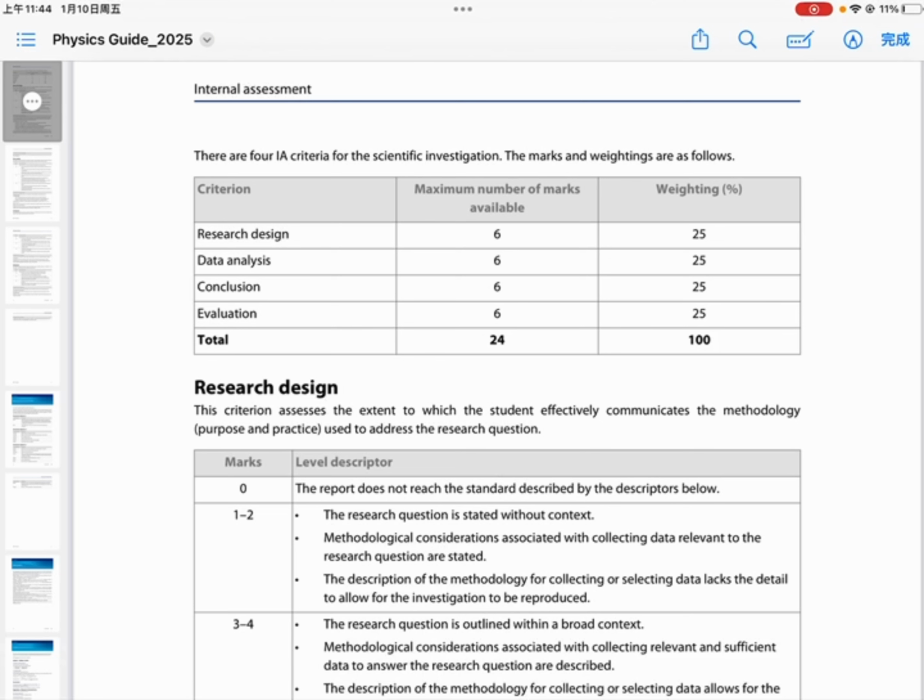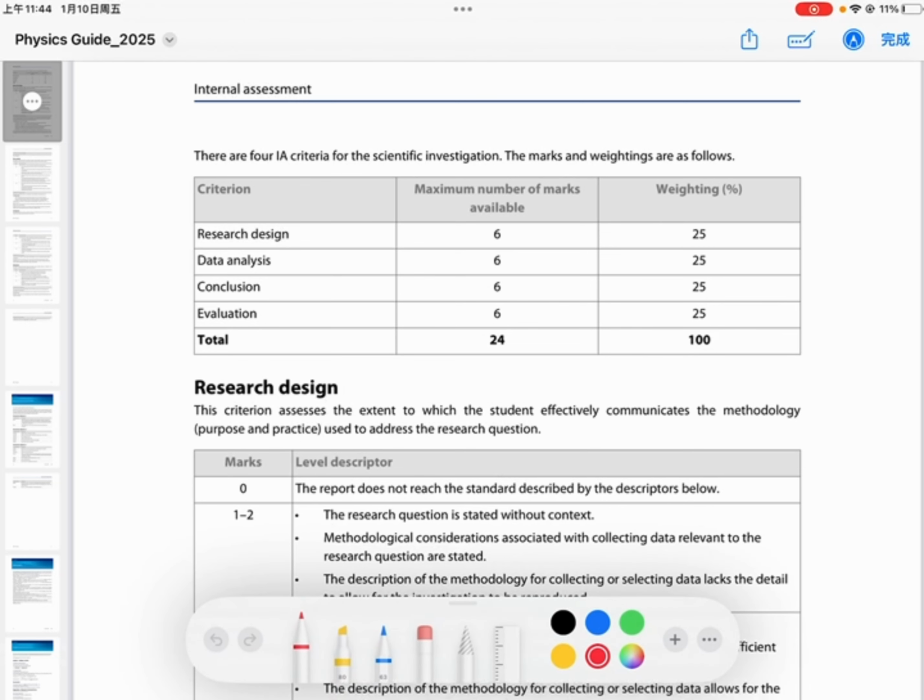Okay, so before we start, let's take a look at the Physics Guide 2025, the section about internal assessment. Over here, in the criteria we will see that it includes 4 parts, right? So we're going to start with research question and then move on to the second part with data analysis.